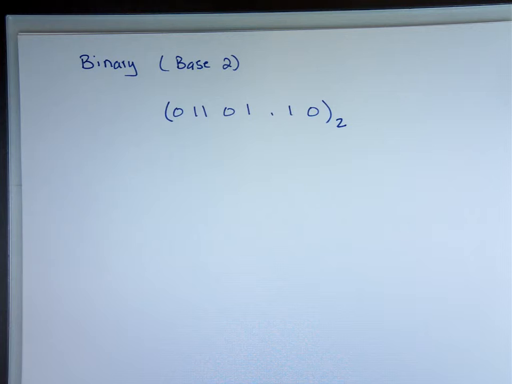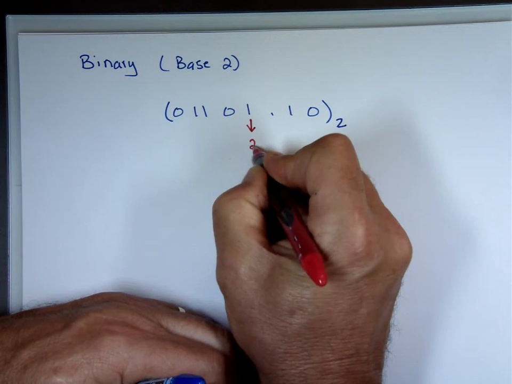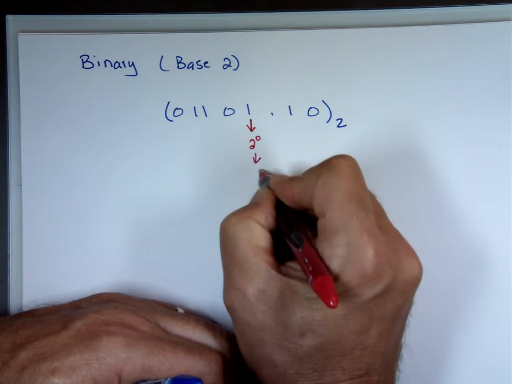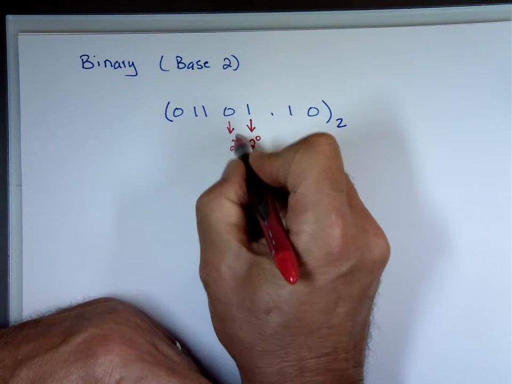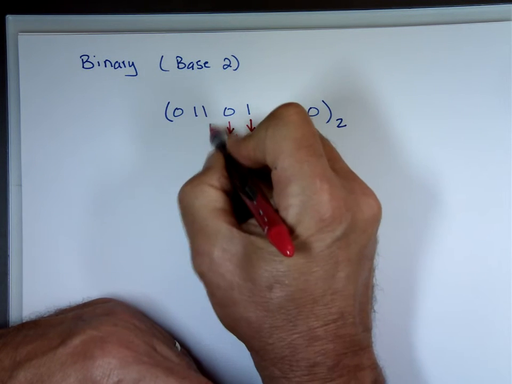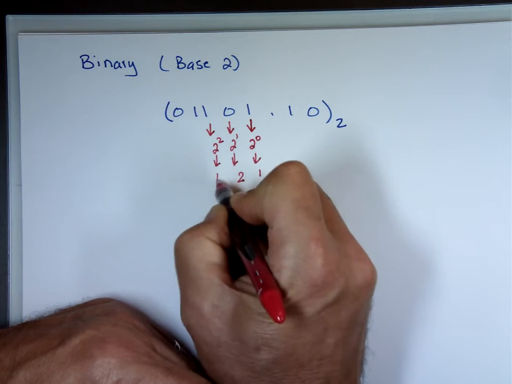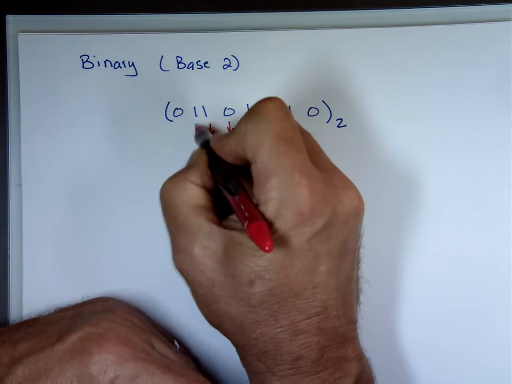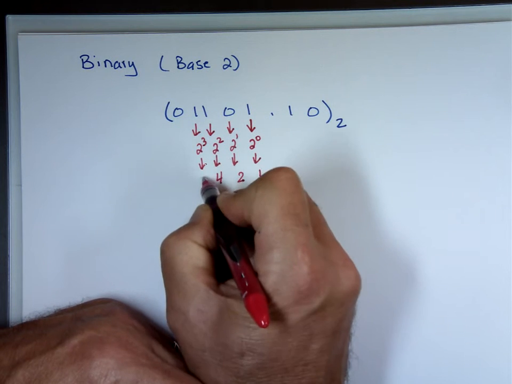Well, again, the weight of this one is 2 to the 0, which is the ones. The weight of this one is 2 to the 1, which is what? 2. The weight of this is 2 squared, which is the 4. The weight of this, 2 to the 3rd, which is 8.